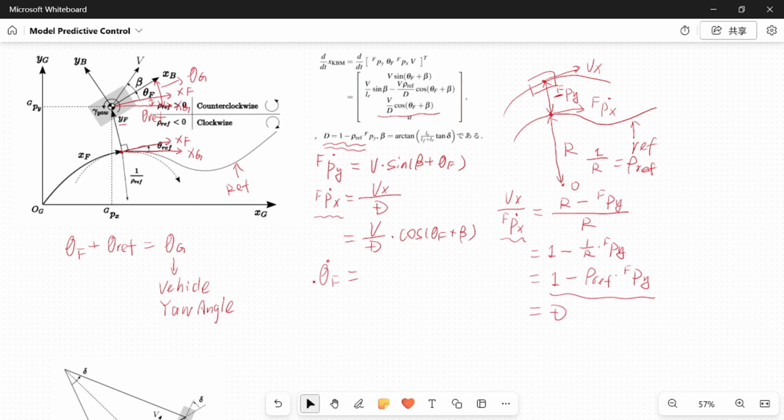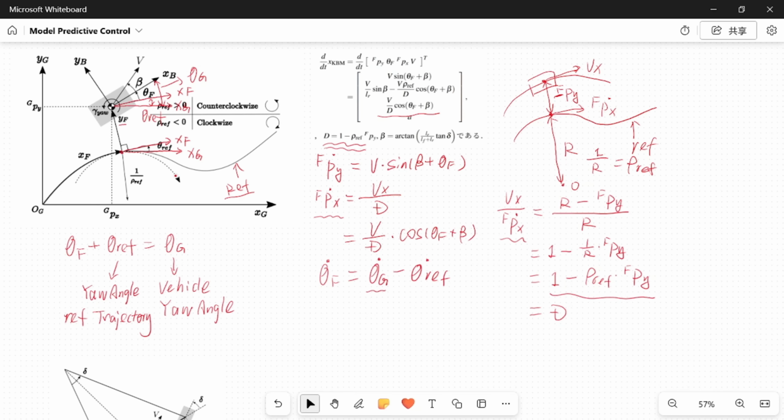And theta REF is caused by the bending of the reference trajectory. So this is the angle bending by the reference trajectory. Okay, so theta F dot equals theta G dot minus theta REF dot.